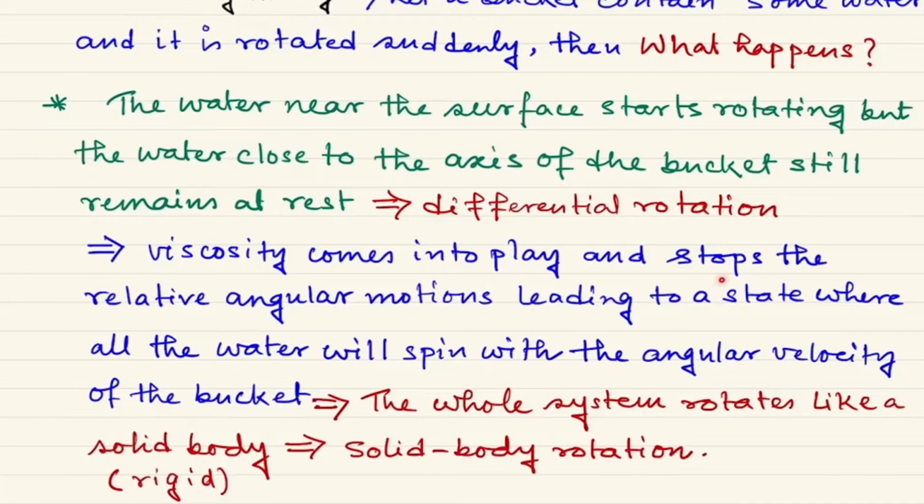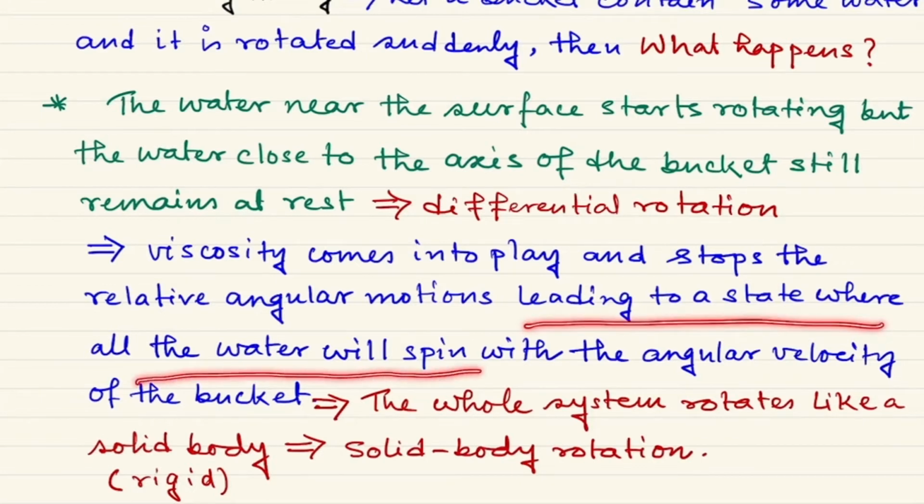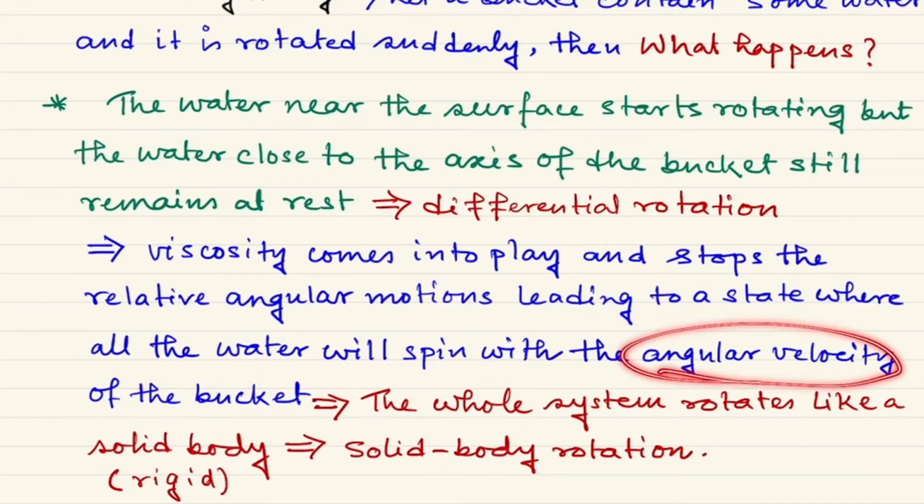The fast rotating layers will try to make the adjacent slow rotating layers move faster, and vice versa, and finally they end up making a compromise. Then the relative angular motion stops, and that leads to a state where all the water finally spins with a constant angular velocity, which is the angular velocity of the bucket itself.